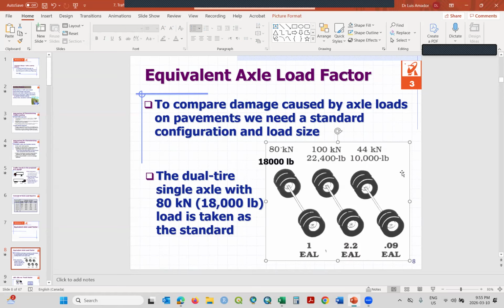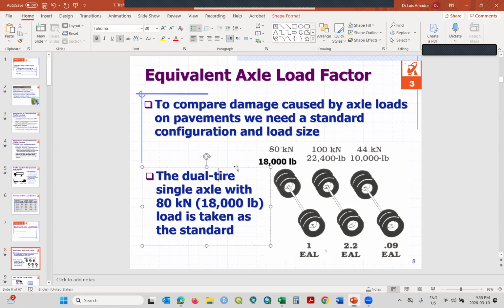Now, since the 1950s, 1960s, the 18,000 pound or 80 kilonewton axle was established as the standard axle. So everything will be converted into this axle. However, the conversion is not linear.